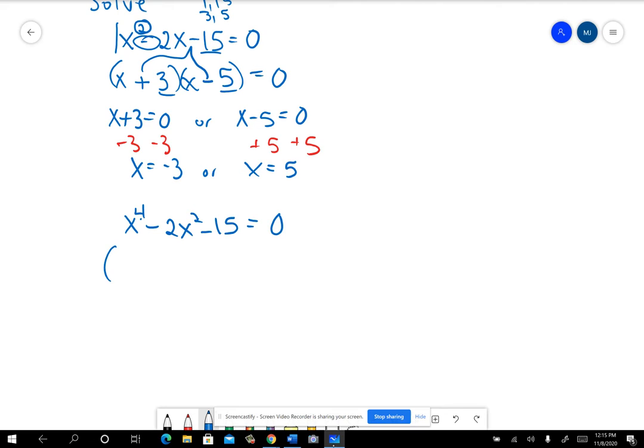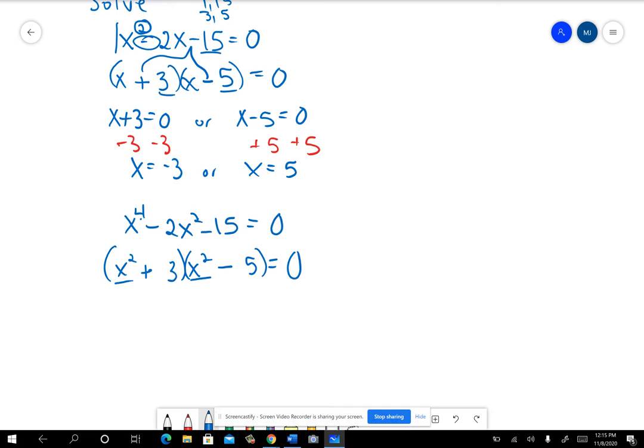So I'm going to come in and think to myself, well, you know what? If I put x squared in the first spot in each, I would get an x to the 4th. And then if I used the 3 and the 5 to make the 15 happen, and I made the 5 negative and the 3 positive, that would give me the negative 2x squared in the center.